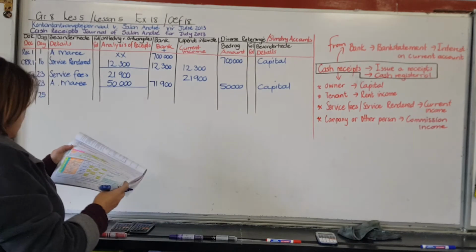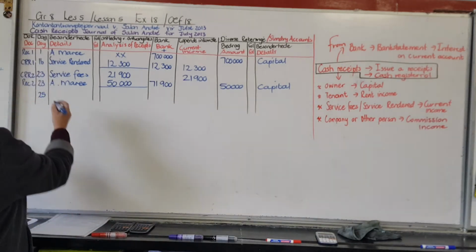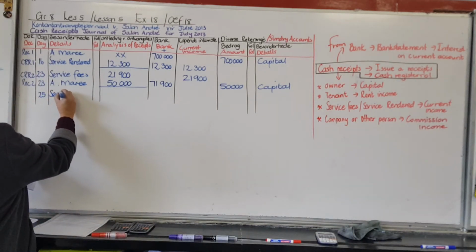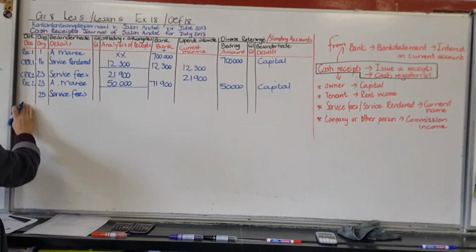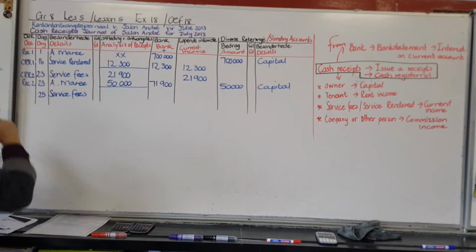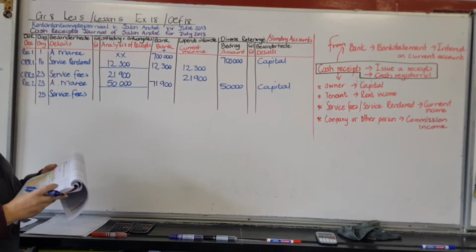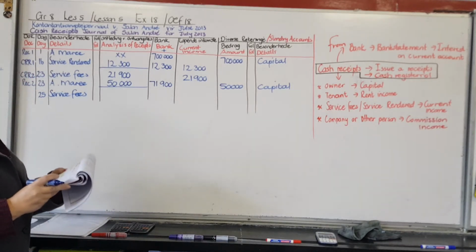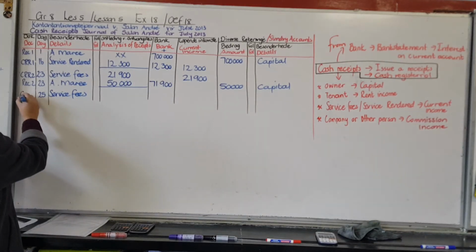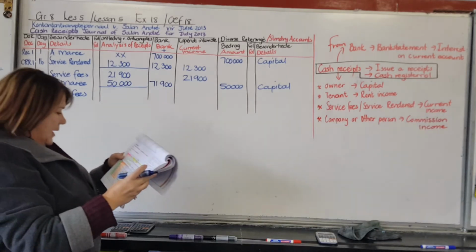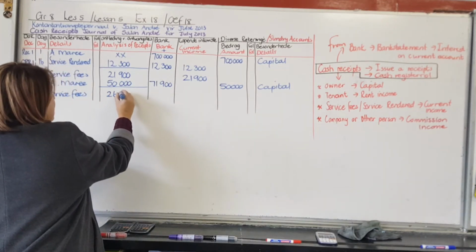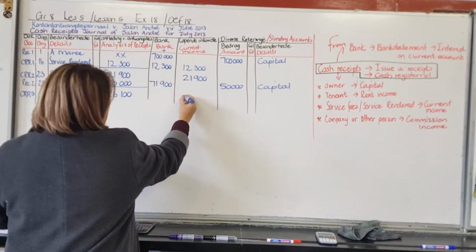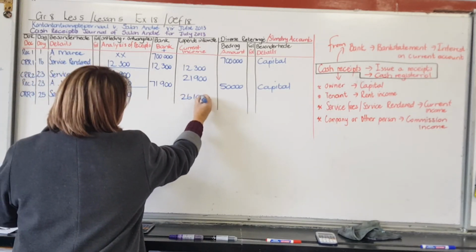Alright. Then on the 25th it says service fees. So service fees, you should know you work with a cash register roll because they told you in that very first transaction already that you're using a cash register roll. Right, so it's going to be number 3. Right, and then the amount of 26,100 and service fees is current income.